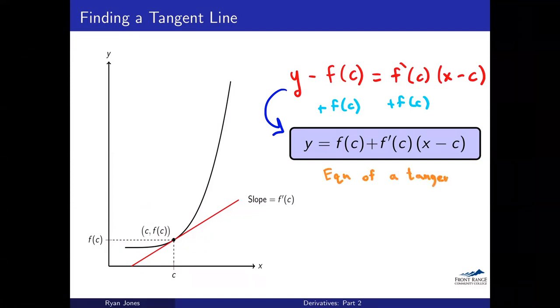So if I wanted you to find the equation of a tangent line, so if I gave you a function and a point, so maybe I give you a function like f of x equals x squared, and then I say at the point x equals 3. I could say, hey, find the equation of the tangent line of x squared at x equals 3. Let's go ahead and do that. And I'm going to skip some work here and there as we see fit, because we've actually already taken this derivative before.